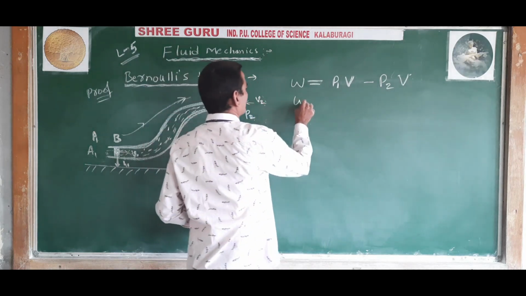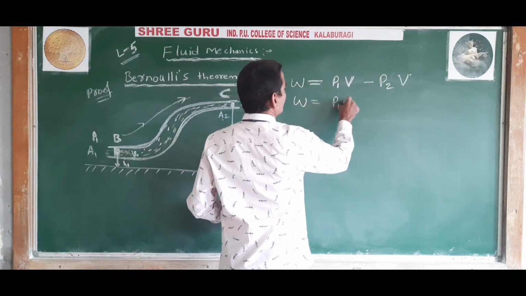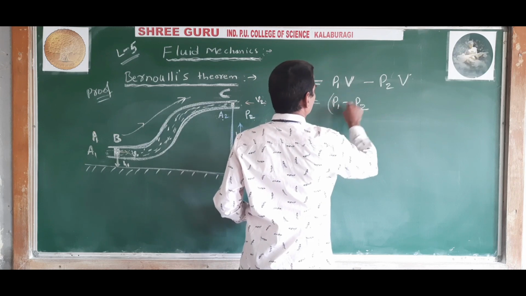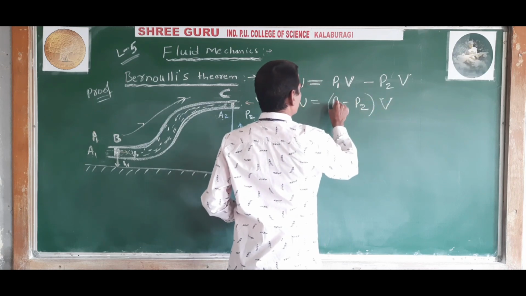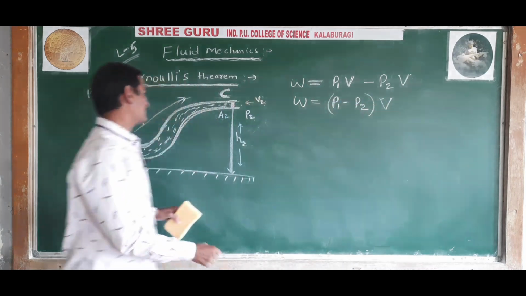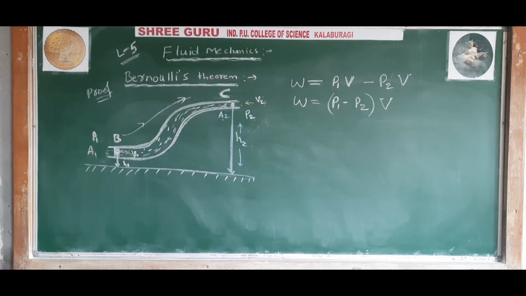Therefore you can write it as W is equal to (P1 minus P2) times V, where P1 is the pressure at the end B and P2 is the pressure at the end C.